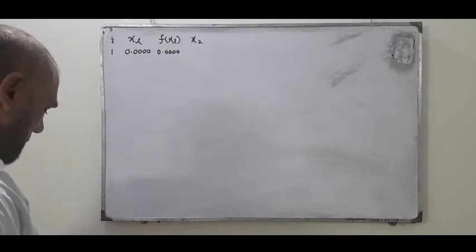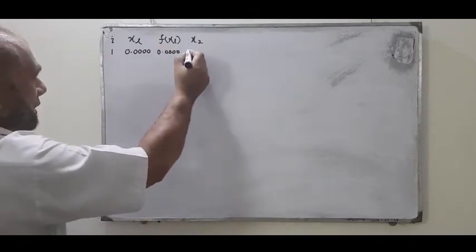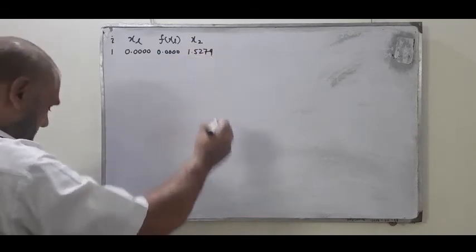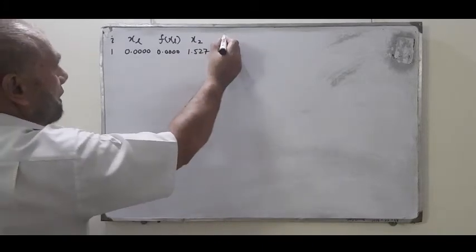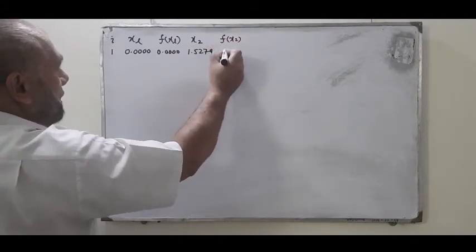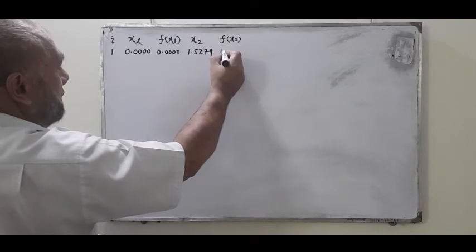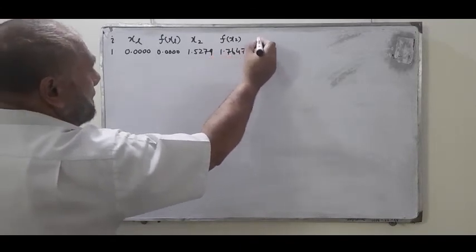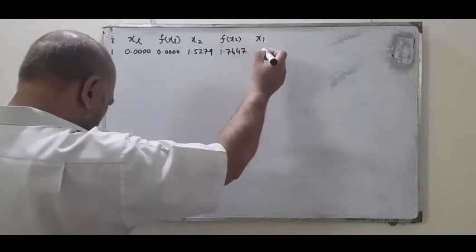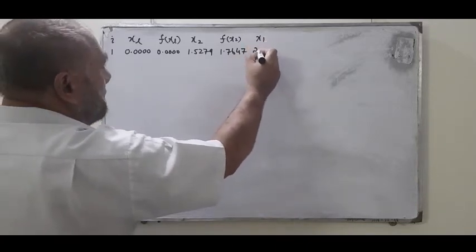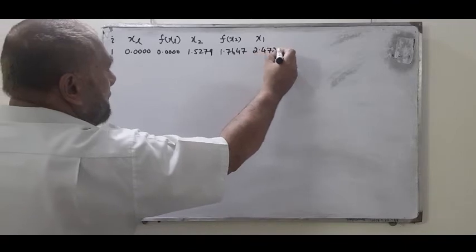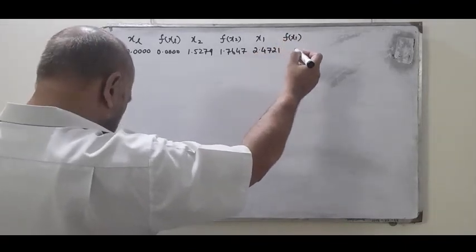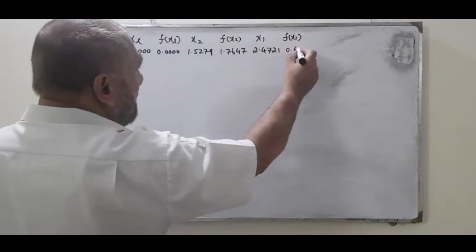If you remember, the x2 we calculated was 1.5279, and the corresponding value of the function at x2 is 1.7647. Then comes the next point x1, 2.4721, and the corresponding value at x1 was 0.6300.